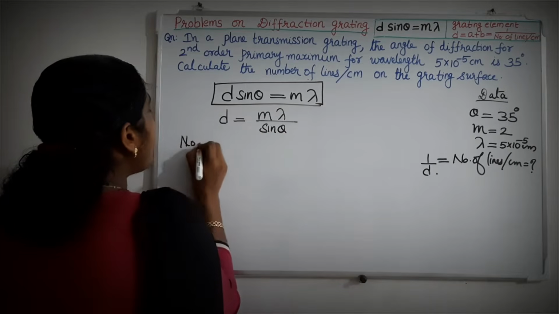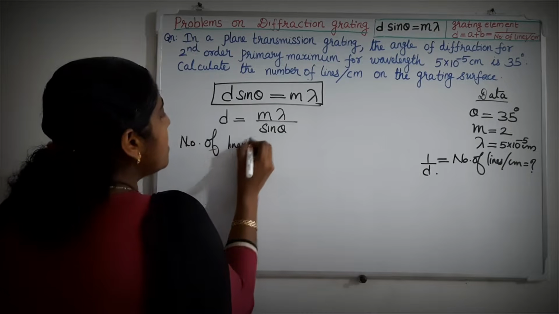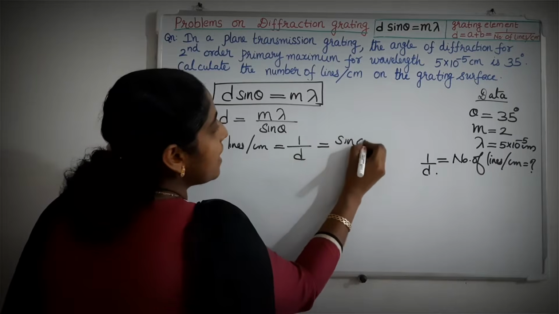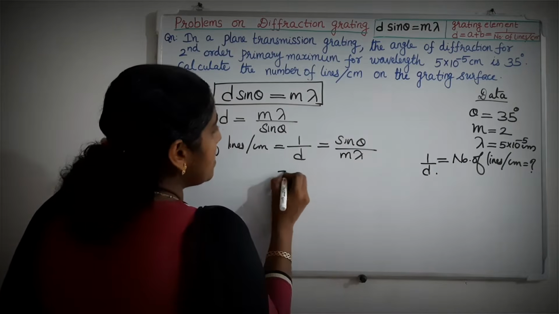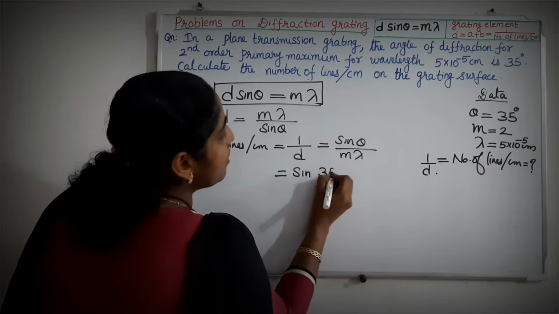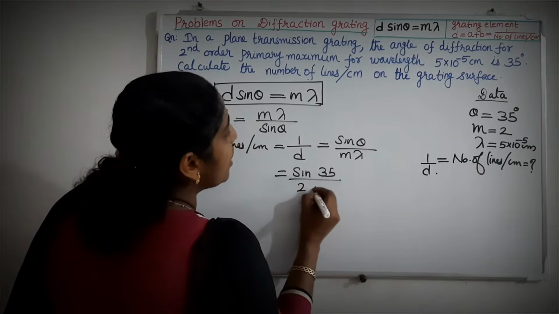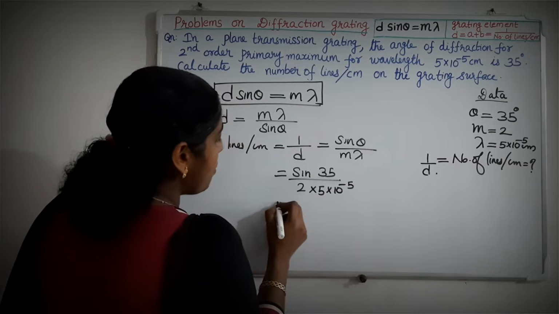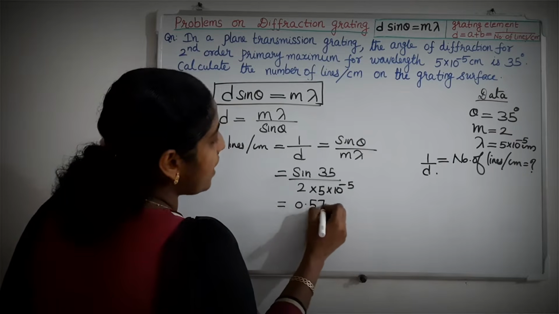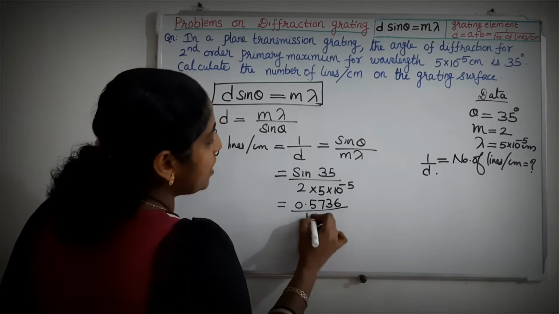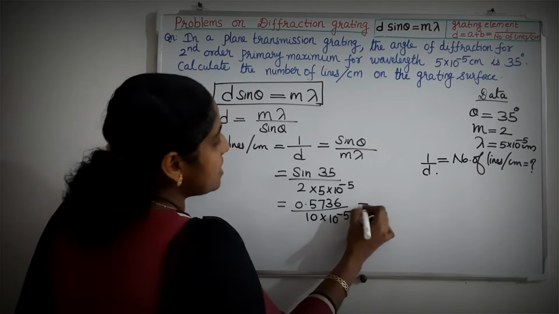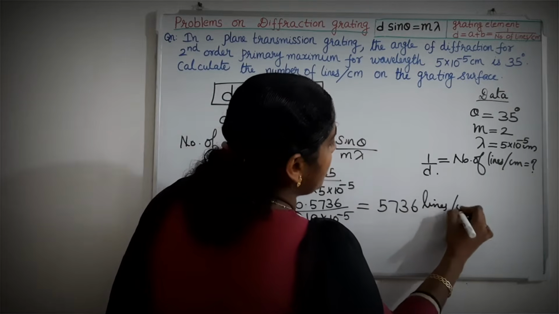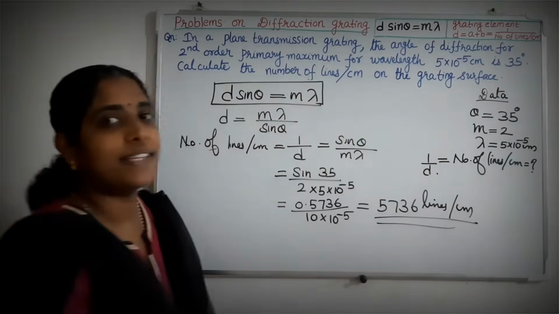So the number of lines per centimeter is 1 by d, that is sin theta divided by m lambda, that is sin 35 divided by 2 into 5 into 10 raised to minus 5 centimeter. On calculating, we get 0.5736 divided by 10 into 10 raised to minus 5, that is 5736 lines per centimeter on the given grating surface.